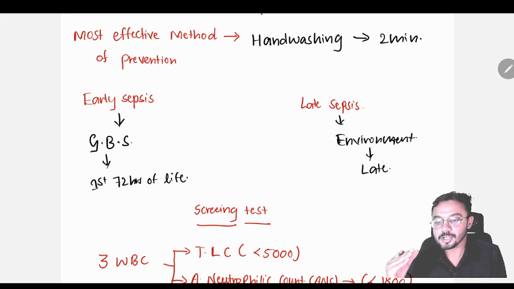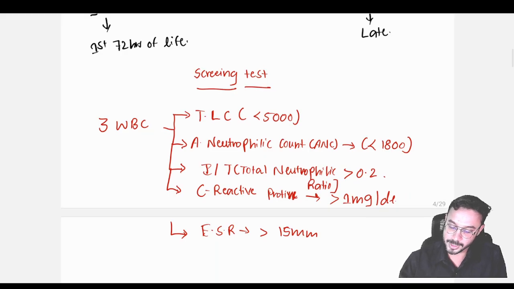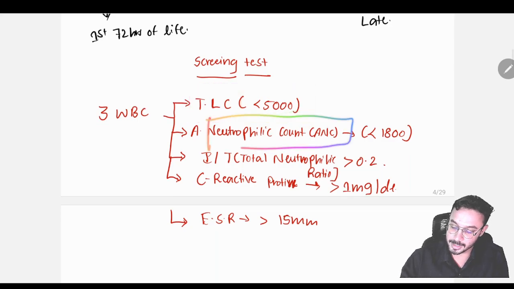And how do you do the test? A sepsis screening test is done. Here, what are you going to see? You are going to see the WBC components. The total leukocyte count, TLC, is less than 5,000, and the neutrophil count, ANC, is less than 1800.